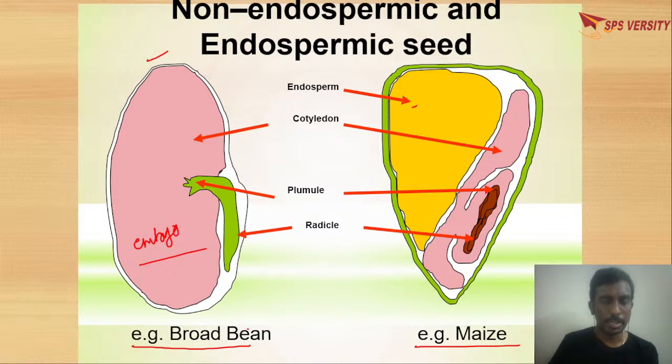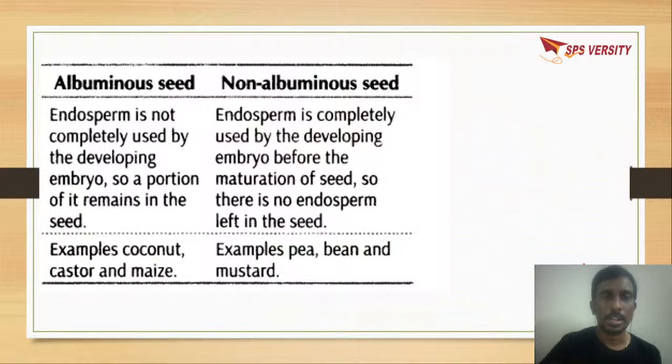In broad bean, groundnut and peas, the edible part is the cotyledons. But here, the edible part is endosperm. So these are the differences between the albuminous seed and non-albuminous seed.